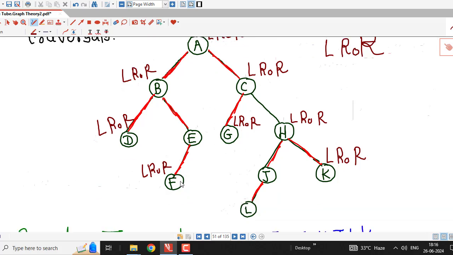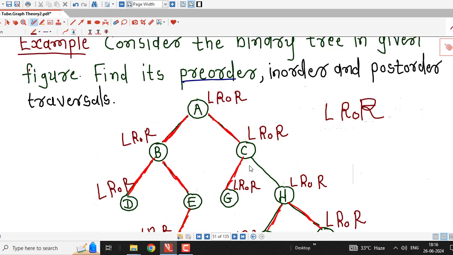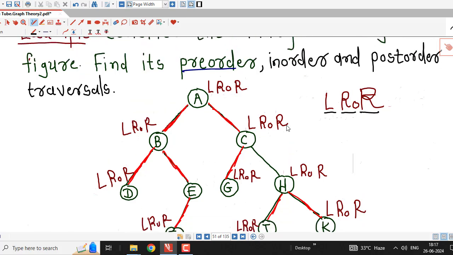Let me finish this. And here also L, R O, capital R. Now what we have to remember is we will consider this left subtree first, and then the root, and then the right subtree. And for every algorithm we will start with the root of the given binary tree.